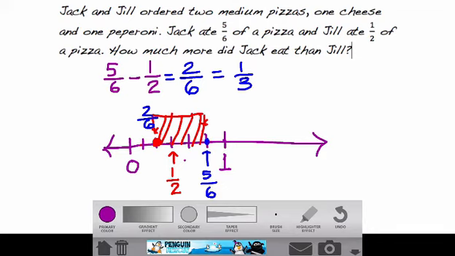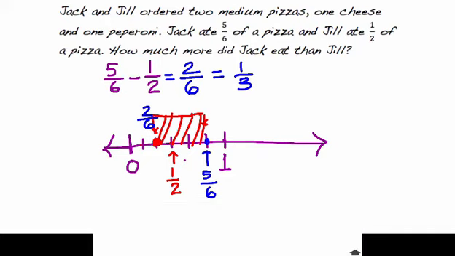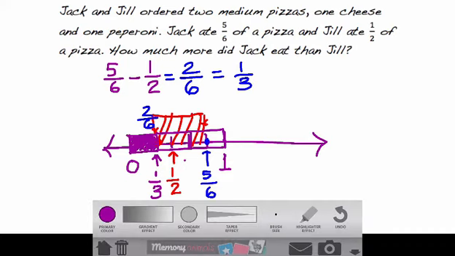Notice that when I break it up into 3 even pieces, that 2/6 point is in the same spot as my 1/3. So 2/6 lands at the same spot as 1/3, which shows that those are equivalent fractions. And we're done.